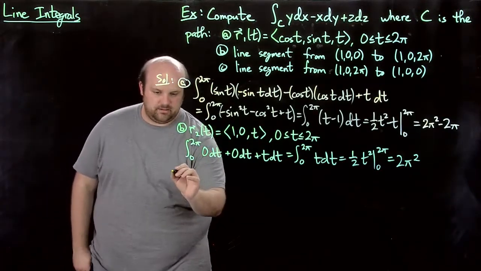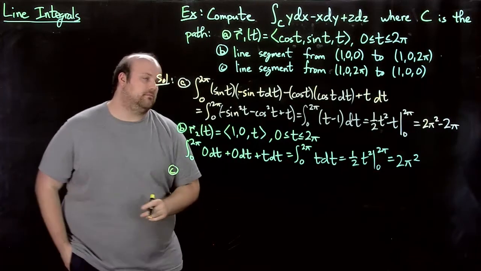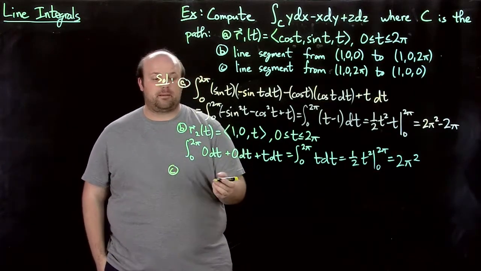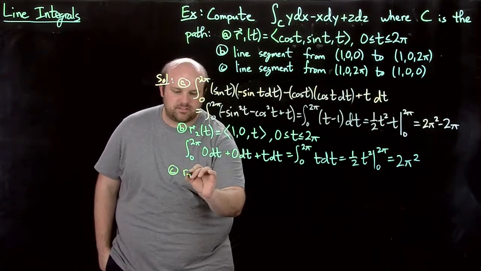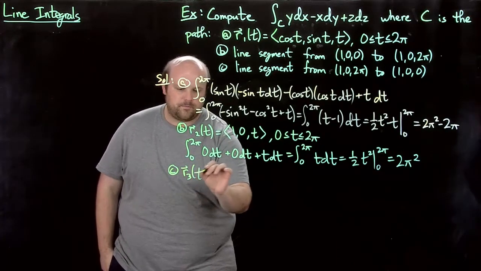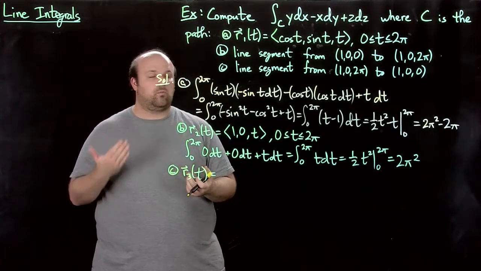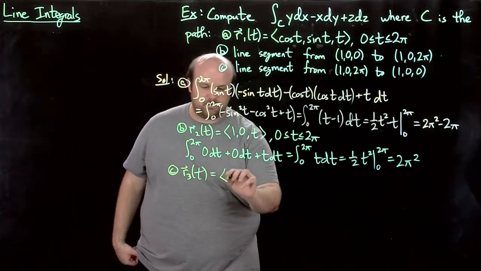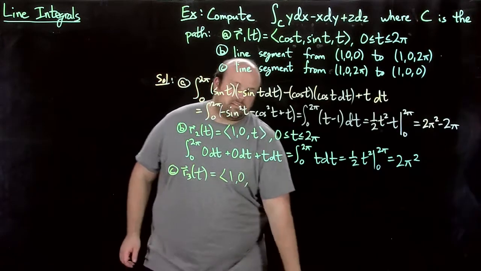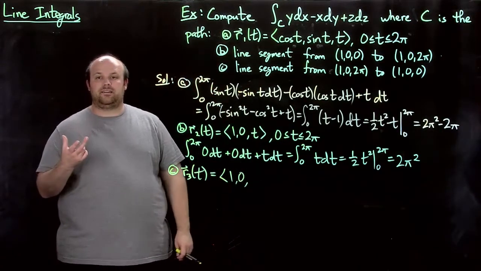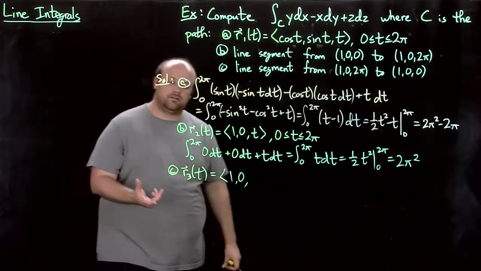So part C, we need to come up with the parameterization first. Let's call this one R3. Again, the x and y components stay 1 and 0 respectively. Now the last component, remember we need it to start at 2 pi and get down to 0.